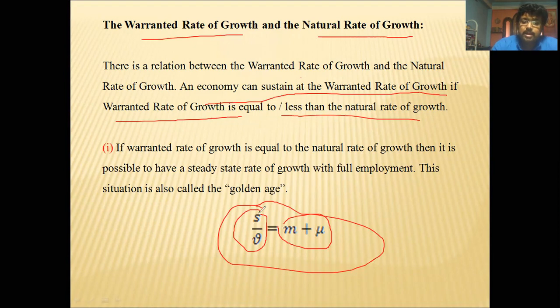This type of situation is covered by the warranted rate of growth. And in the natural rate of growth, the economy is growing with the labor force at growth rate mu, and technological progress at the rate of m.